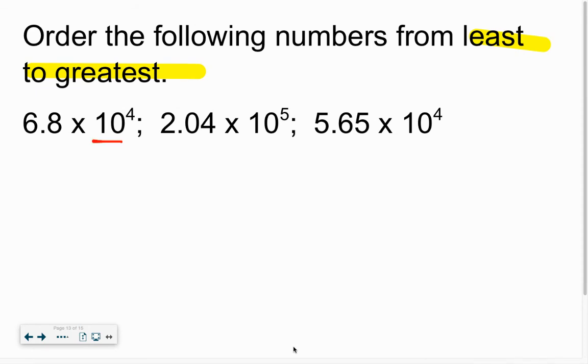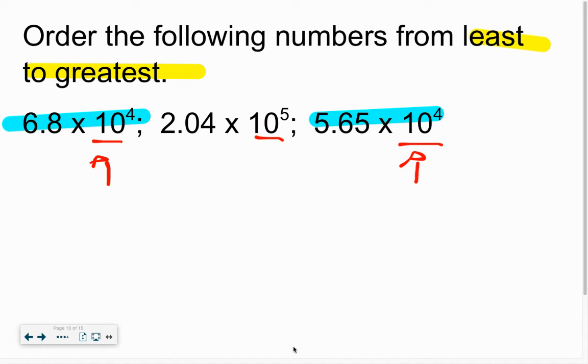When we compare our exponents, that's what we're going to do. We've got 2 of them with the 4s. So we're going to look at those 2. Of those 2, we've got 6.8 times 10 to the 4th and 5.65 times 10 to the 4th. Looking at those numbers just as they are, you can compare them.